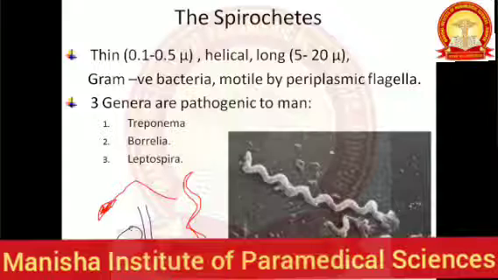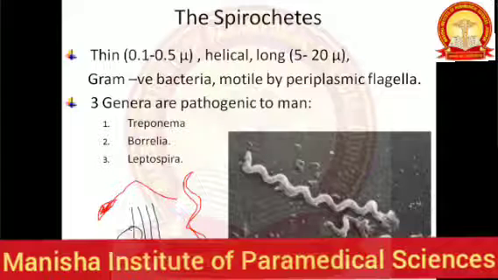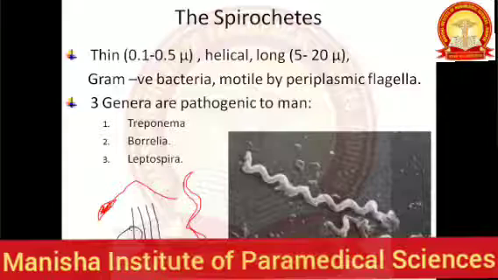So this is the inner cell membrane and this is the outer membrane. I am making it really big for your understanding, but this is not the actual case. Here we have the cytoplasmic portion of this spirochete, and these are the outer membrane and these are the inner membrane of spirochetes.